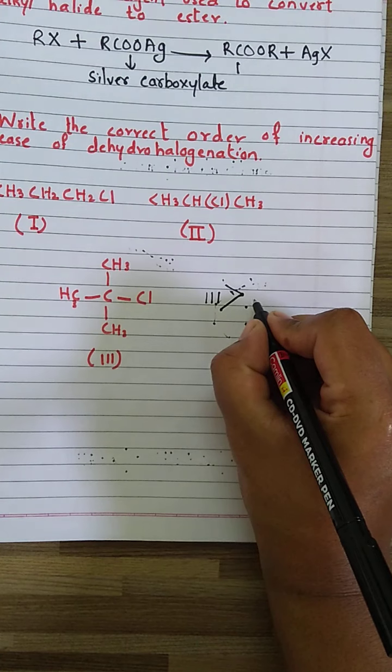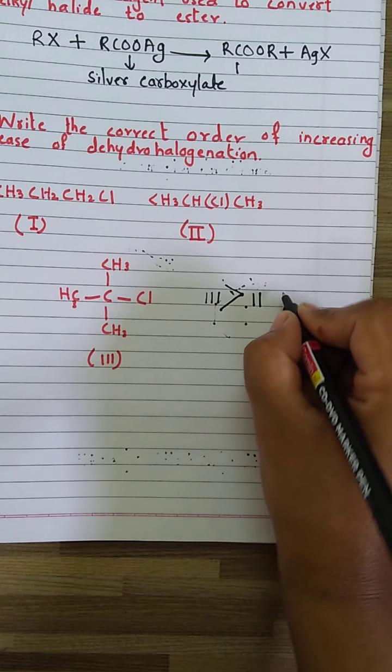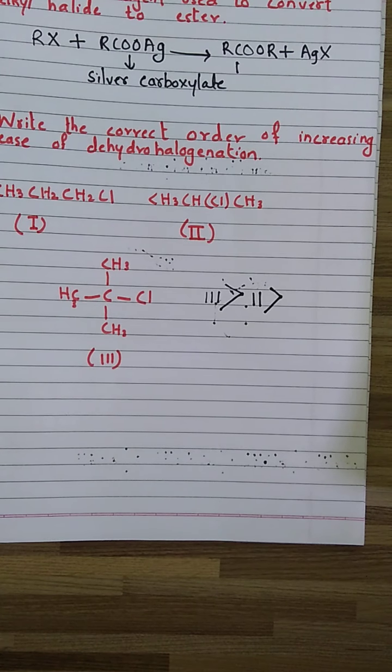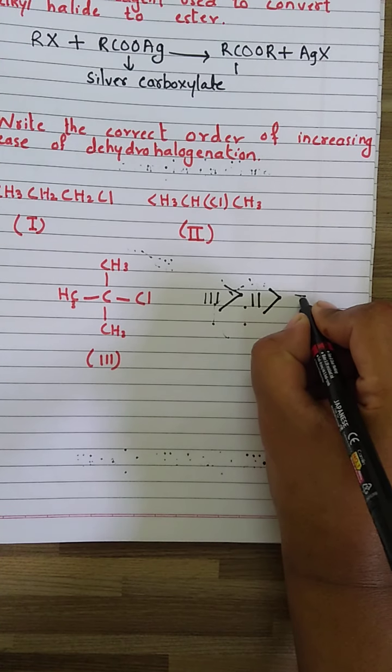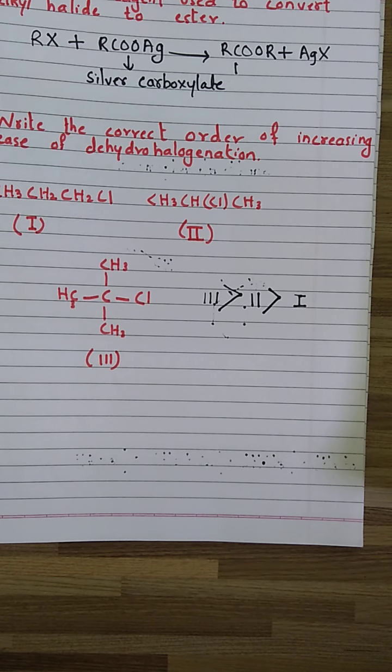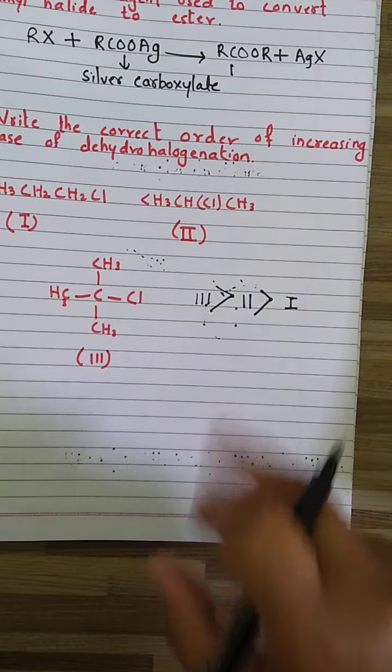After that, secondary alkyl halide will produce an alkene that is less substituted than the tertiary alkyl halide, and primary alkyl halide will produce the alkene which is least substituted. Therefore, the ease of dehydrohalogenation will also be in the same manner. Tertiary will easily undergo dehydrohalogenation as compared to secondary and then as compared to primary. So this is the correct order.